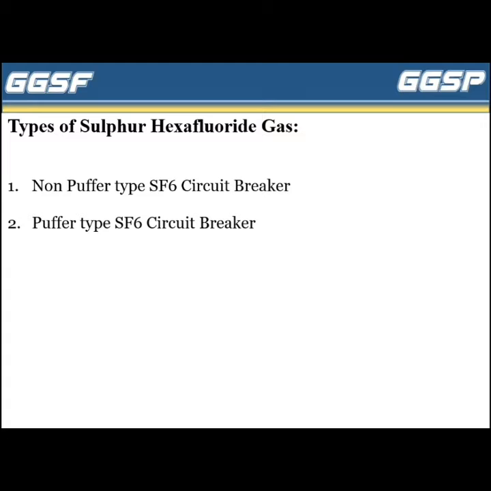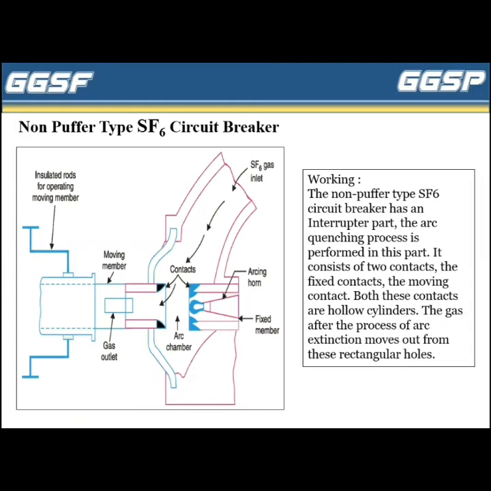Types of sulfur hexafluoride circuit breaker: non-puffer type SF6 circuit breaker and puffer type SF6 circuit breaker. Non-puffer type SF6 circuit breaker working.